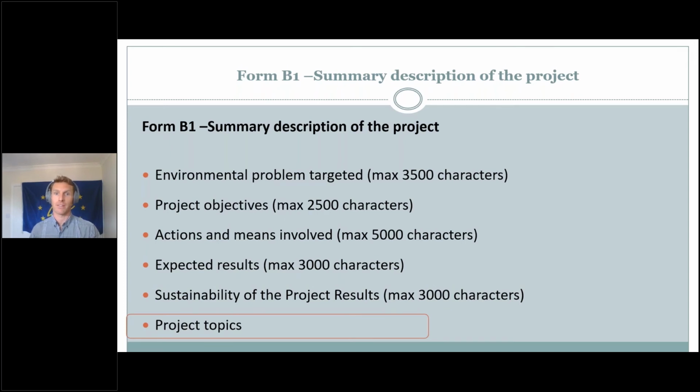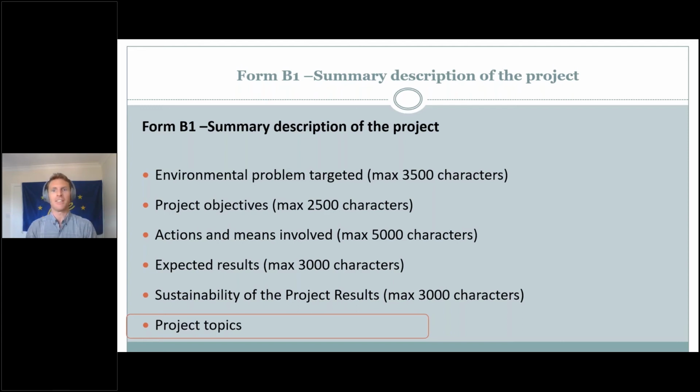And the project topic or topics. Please paste in the priority area and project topic that you'll be addressing from the multi-annual work programme or the specific 2020 guidelines for applicants. Please note that you can select up to 2 project topics, but these must be from the same priority area. So you cannot be environment and resource efficiency and environment governance and information.